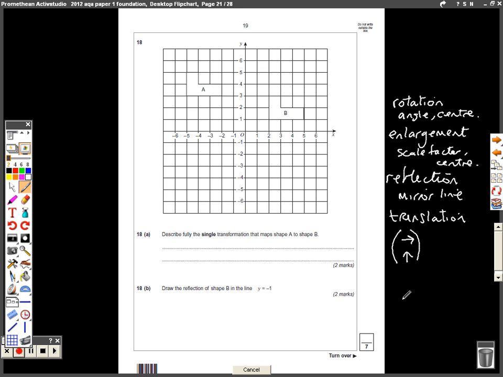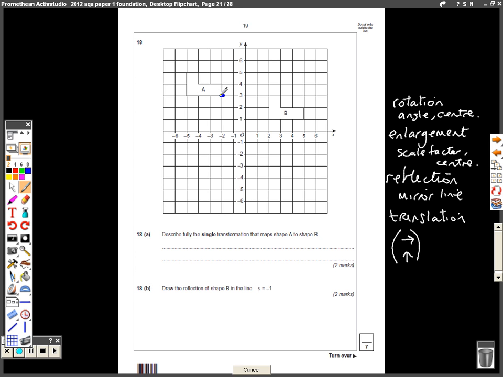So in this one, you can see that shape A has moved to shape B. And I can see that the shape has not got bigger, it's not rotated, it's not reflected, it must have translated.